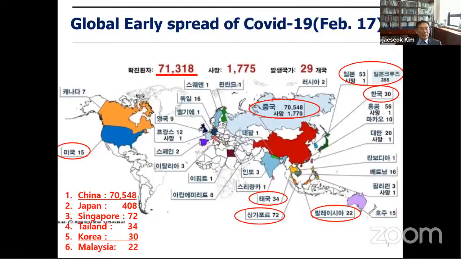Okay, and 99% occurred in China at this time, and then Japan, Singapore, then Korea was about 30 infected cases, but not yet in your country at this time.